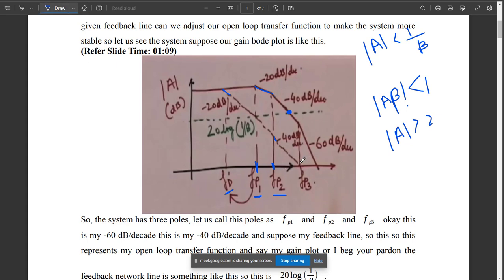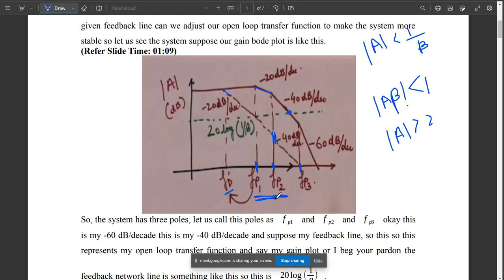So earlier, with the use of this shunt capacitor, we can see that we have got stability. We have got stability till here, right? From this point FD to FP2, we have got stability, which is more than when it was from FP1 to FP2, right?